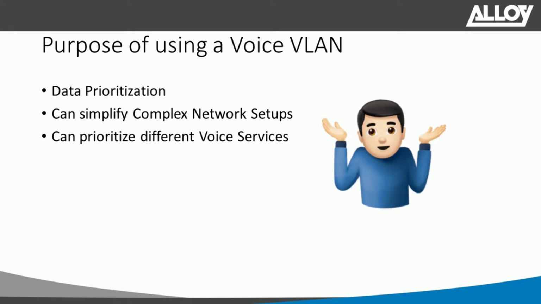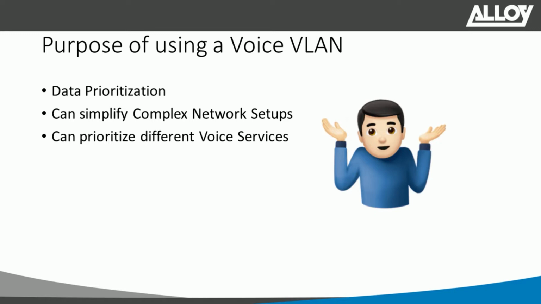Secondly, a voice VLAN can simplify network configuration in some circumstances. It can be easier to mark QoS packets, which is quality of service, than specific various ranges of TCP and UDP ports. Similarly, TFTP and special DHCP services for VoIP phones are easier to configure when all VoIP phones are in the same subnet, which means in the same voice VLAN, so their own virtual network.